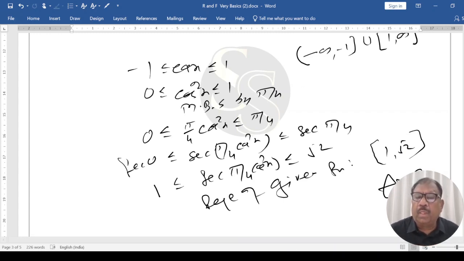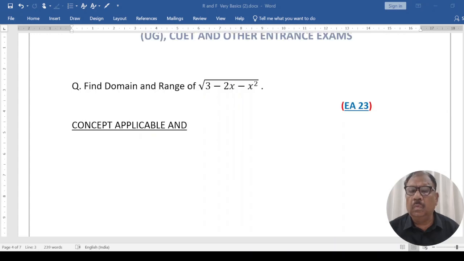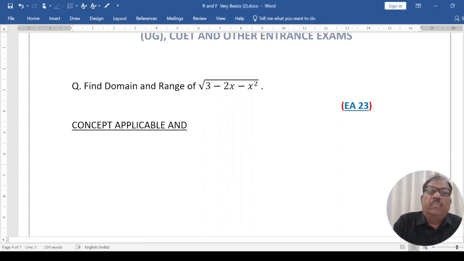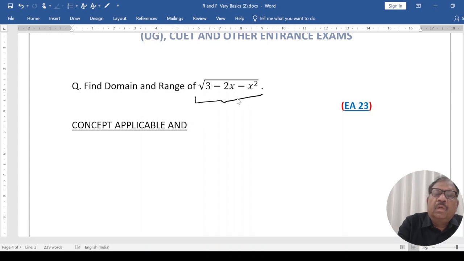Next question. Question is, find the domain and range of this. It is a square root function.